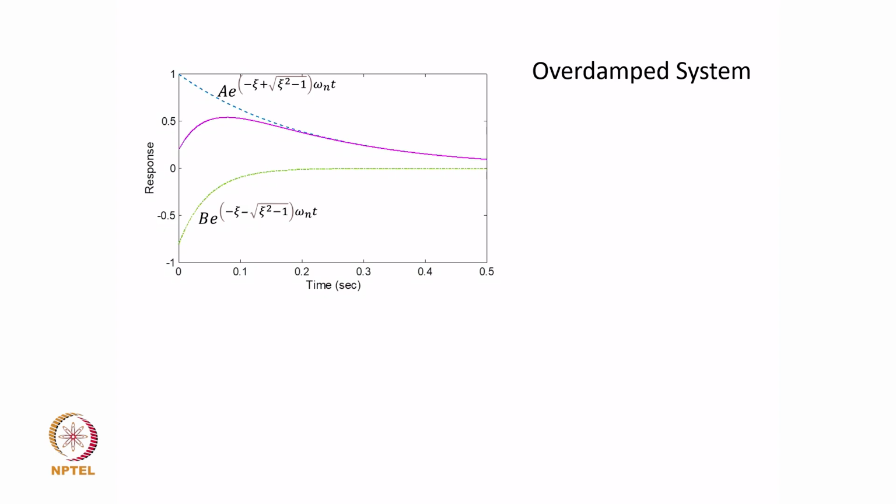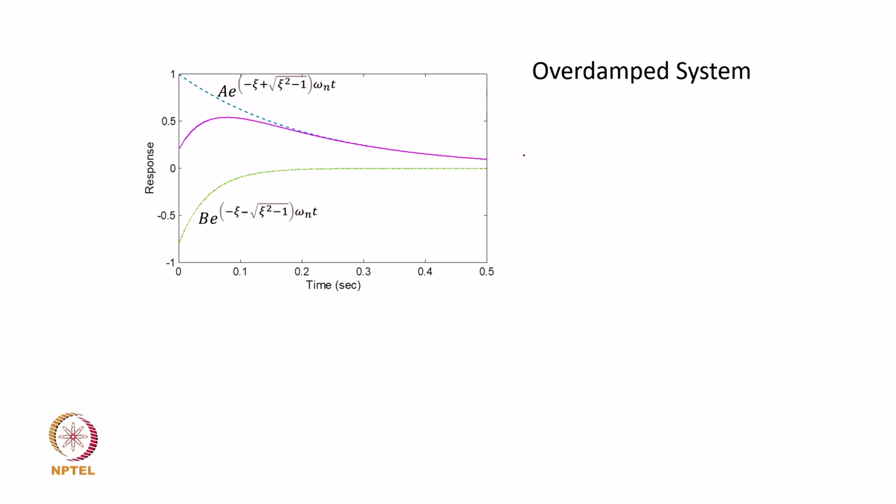Okay. For example, as I always give this example of guns which have these recoil mechanisms. Okay. The recoil mechanisms of guns are actually damped systems, and we do not want the barrel to keep on oscillating for a long period of time, right.